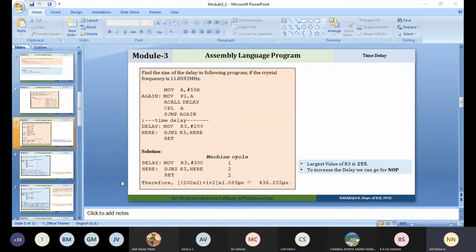First R3 has 200, the count will be 200 for R3. Now I decrement the value of R3 and jump to here. Again the value will be 199. Like that it will jump 200 times. 200 times means each time we have a machine cycle.